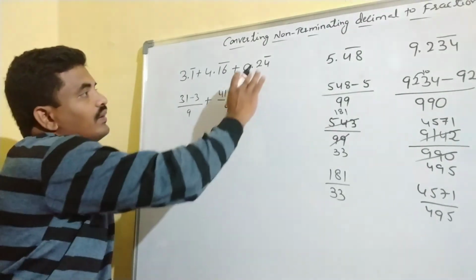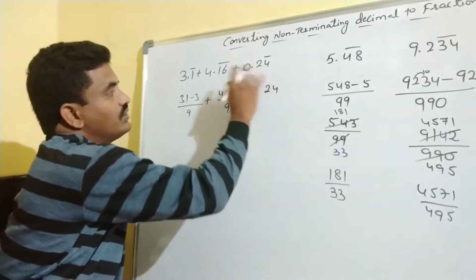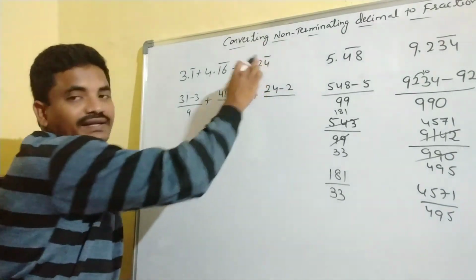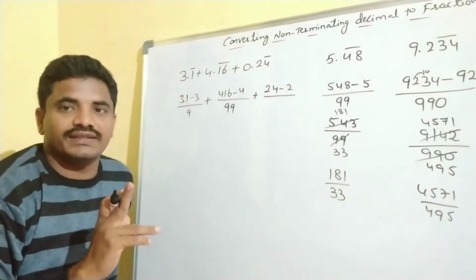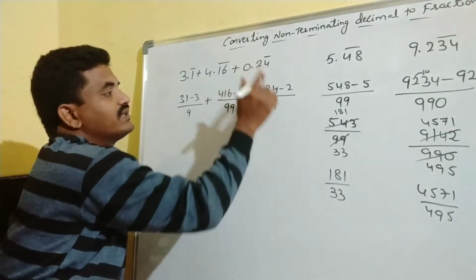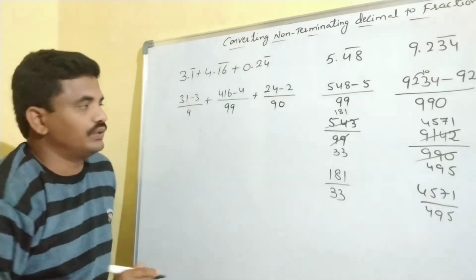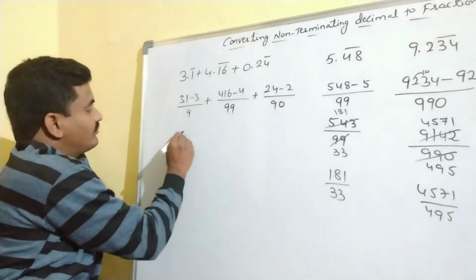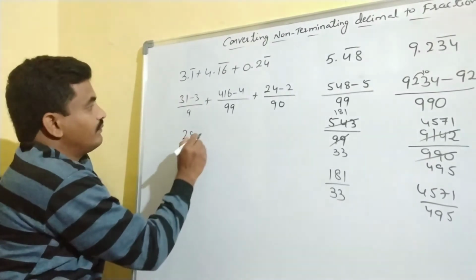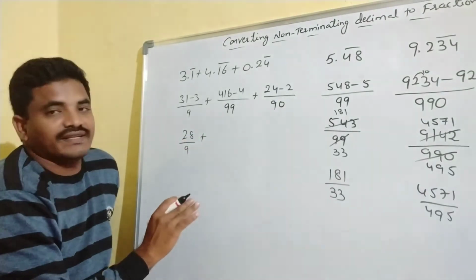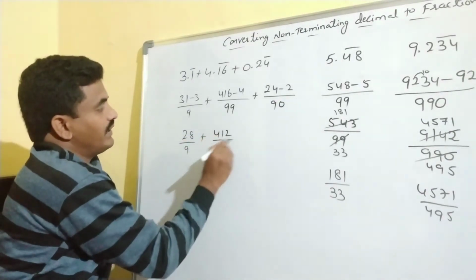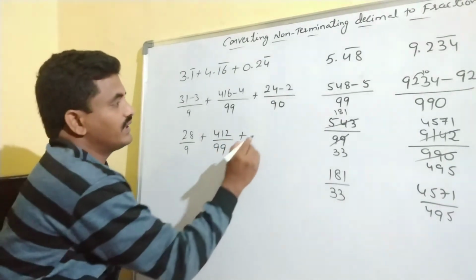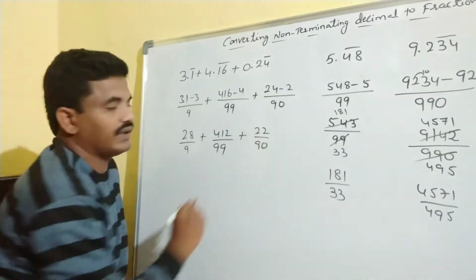Plus 0.244 bar: 244 minus 2, and 1 digit after the decimal point is under the bar, so 9, and 1 digit not under the bar, so 0. So 31 minus 3 is 28 by 9, plus 416 minus 4 that becomes 412 by 99, plus 244 minus 2 equals 242 by 990.